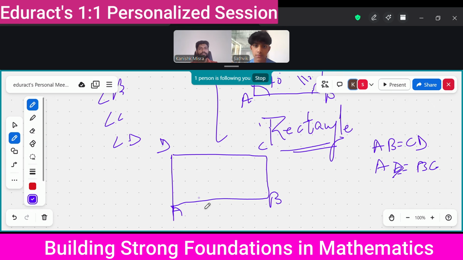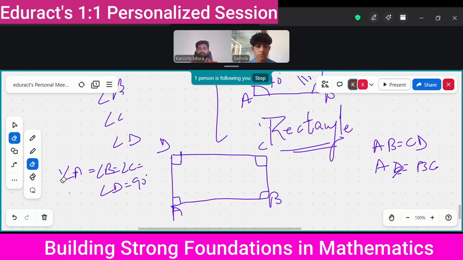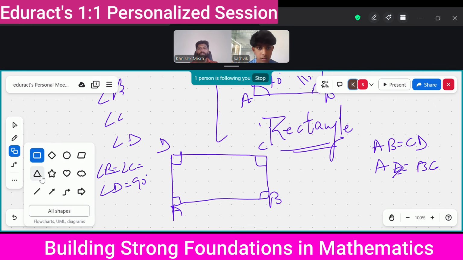Apart from that, each angle of a rectangle is 90 degrees. And diagonals are equal in length.